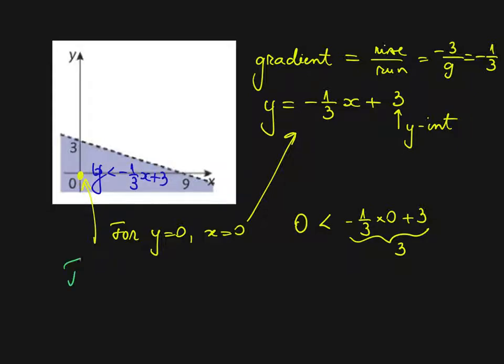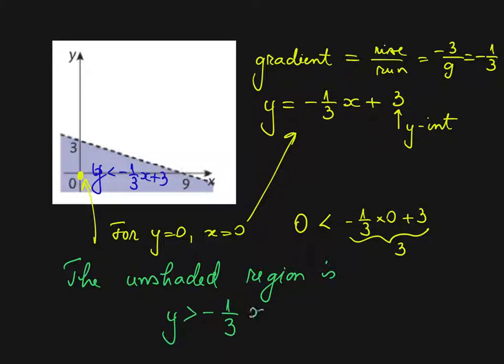Therefore, the unshaded region is y bigger than negative 1 over 3 x plus 3. And this is going to be your answer.